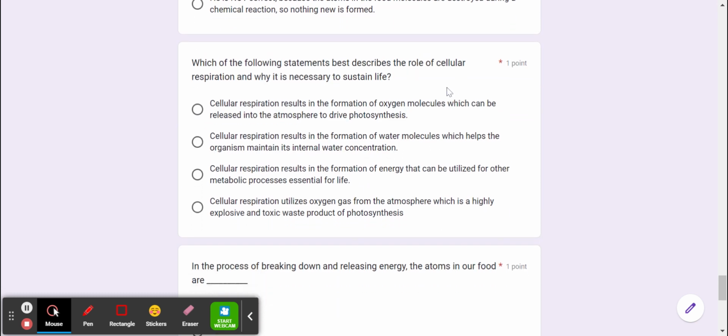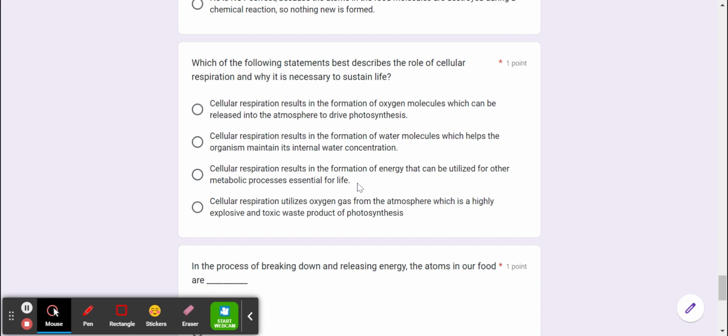Which of the following statements best describes the role of cellular respiration and why it is necessary to sustain life? Cellular respiration results in the formation of oxygen molecules, which can be released into the atmosphere to drive photosynthesis. Cellular respiration results in the formation of water molecules, which helps the organism maintain its internal water concentration.